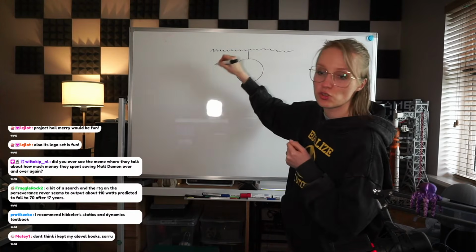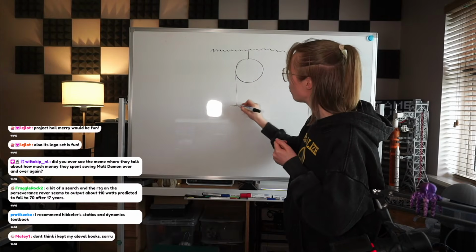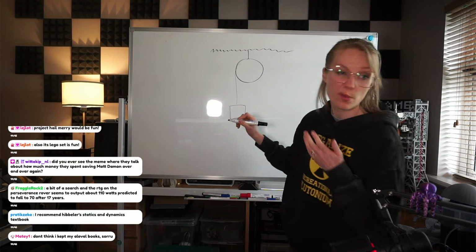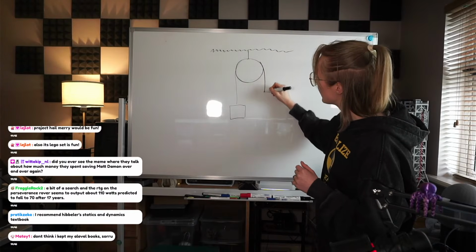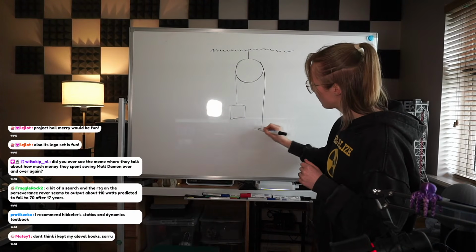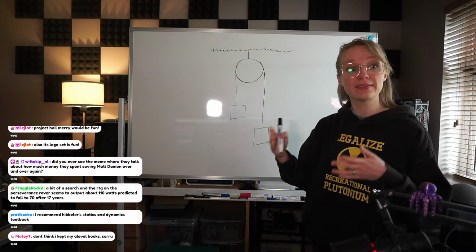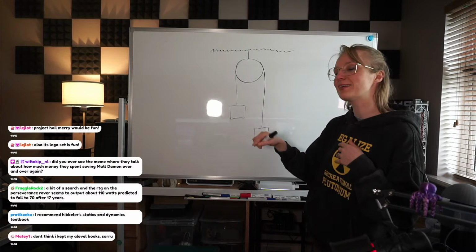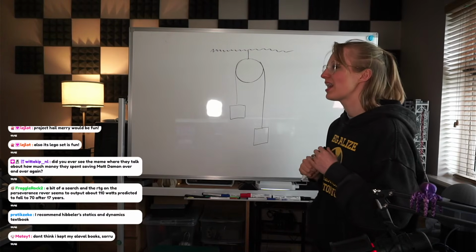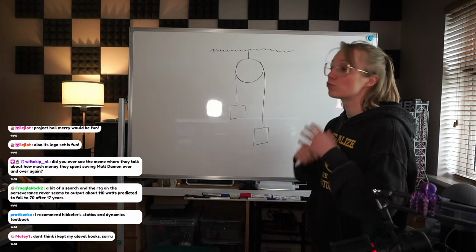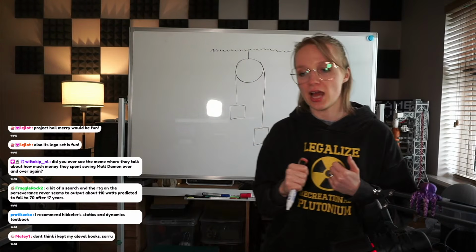Where you hang a string or a rope over it, and you have masses or weights or blocks hanging on either side. And usually in these problems, the string is not stretchy, the masses are fixed, the rope is massless, just to make all of these things very nice and simple.